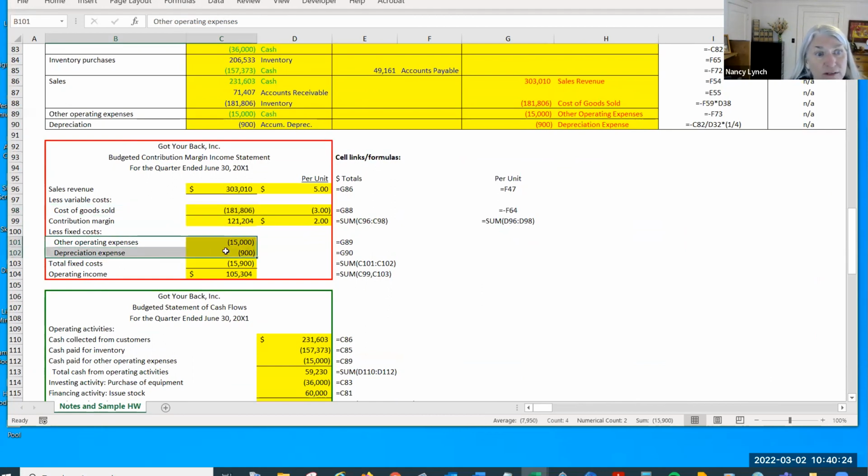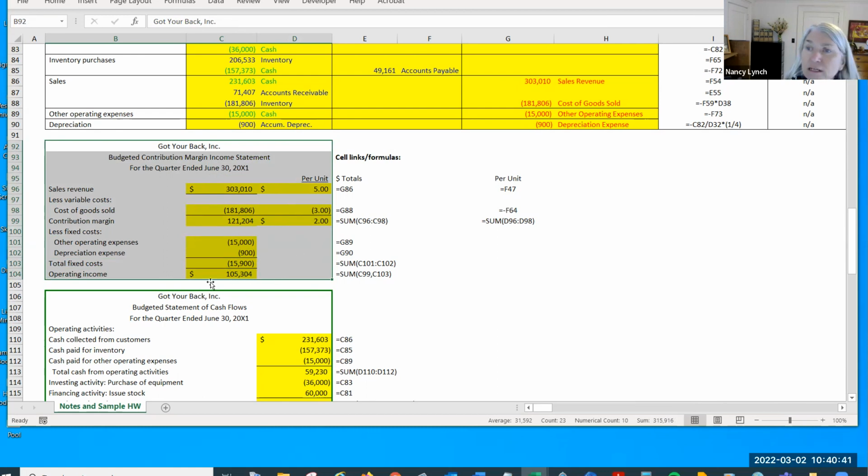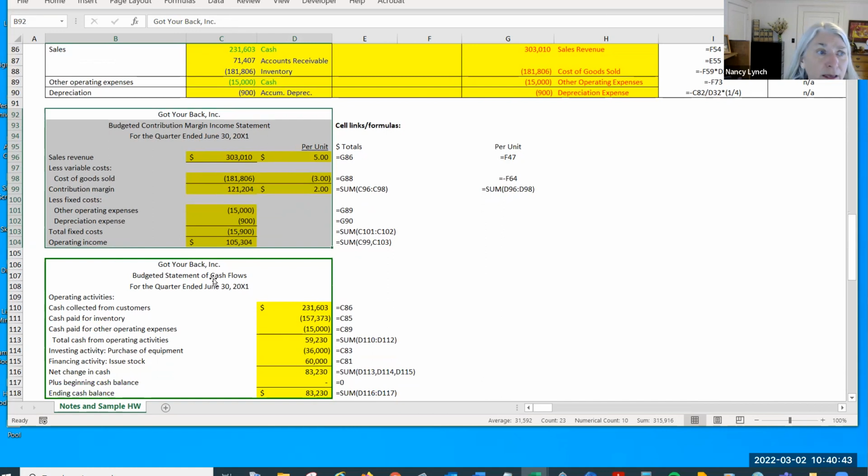These others are going to be the same, whether you make and sell 1 more unit or 10 more units or 1,000 more units. Those are fixed. Again, we are using a contribution margin income statement because we're going to vary this for different quantities to see what the impact is on our operating income and to do what's called a flexible budget.